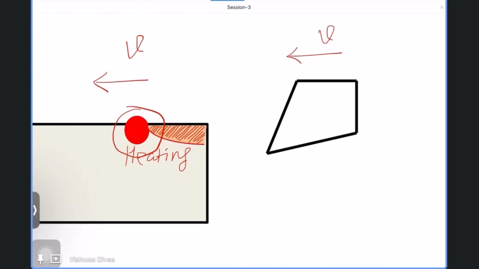This is a fully coupled and transient simulation. With time, because the laser source started from here and is moving in this direction, as it moves up to here, by that time heat has already diffused into the workpiece.